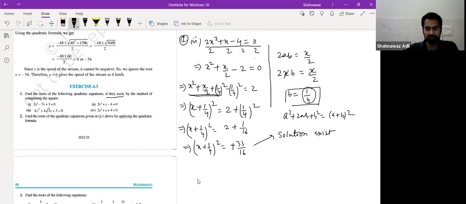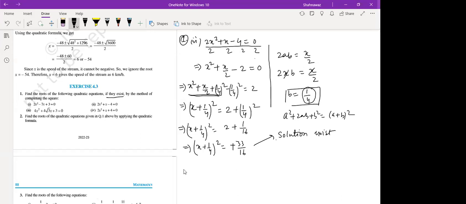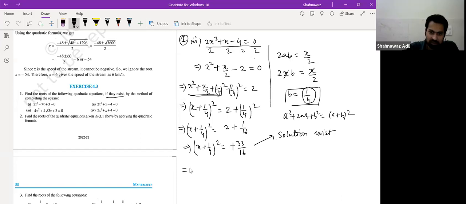So what would be the solution? x plus 1 by 4 would be plus minus root 33 by 16.